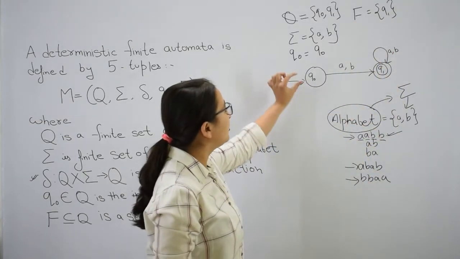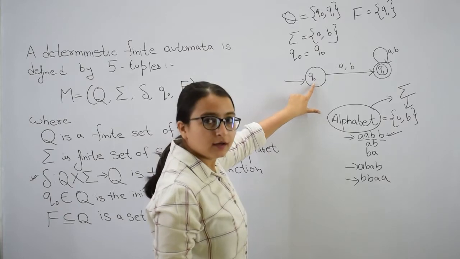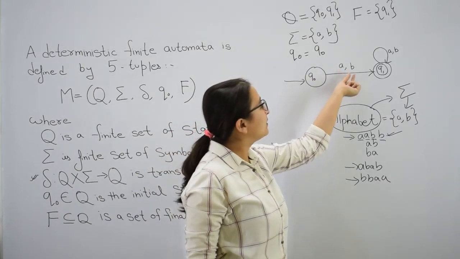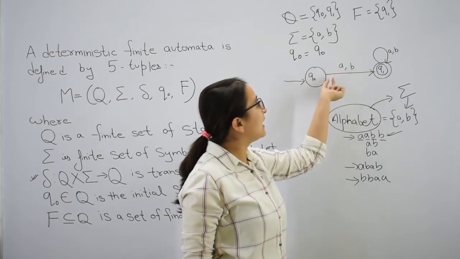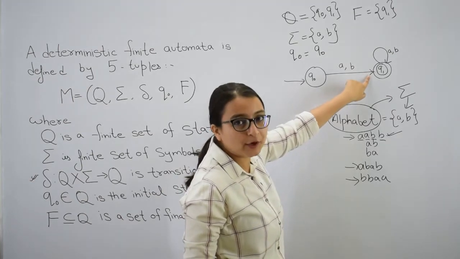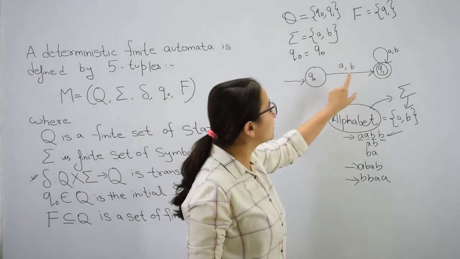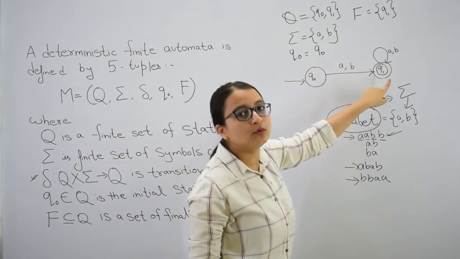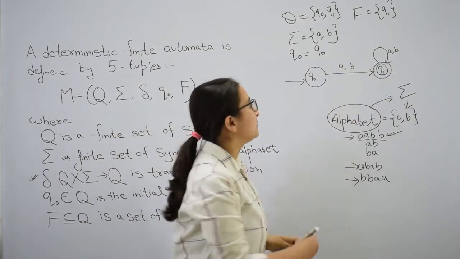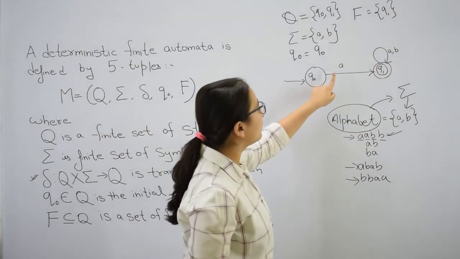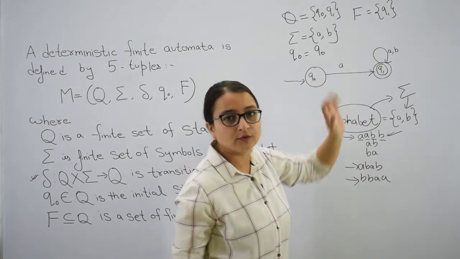Now what is happening? Q0, when given an input A, we know what we write above these lines. This arrow is pointed this way, so it means Q0 when given an input A will go to Q1. Suppose this B would not have been here, it would have meant that Q0 when given an input A will go to Q1.